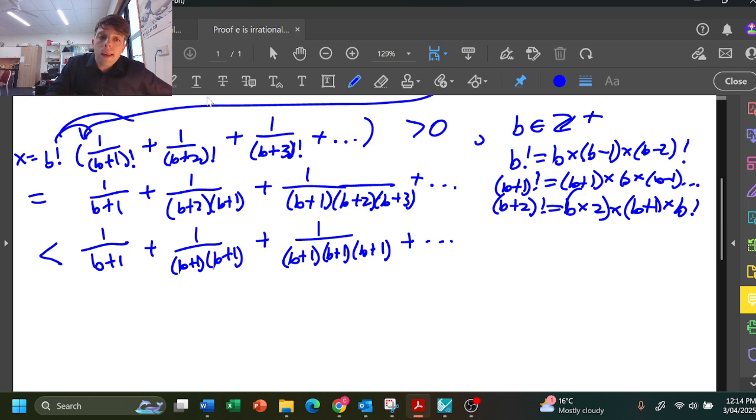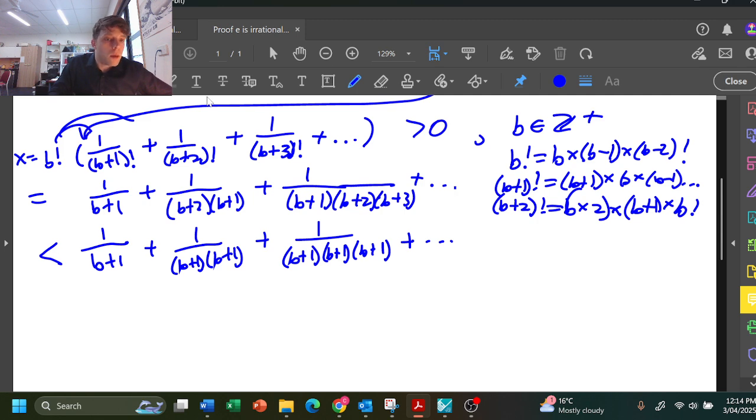Well, we can see the first term I've written up here, 1 over b plus 1, is quite clearly the exact same, so obviously they are equivalent to one another. This next term here, we have 1 over b plus 2 times b plus 1.